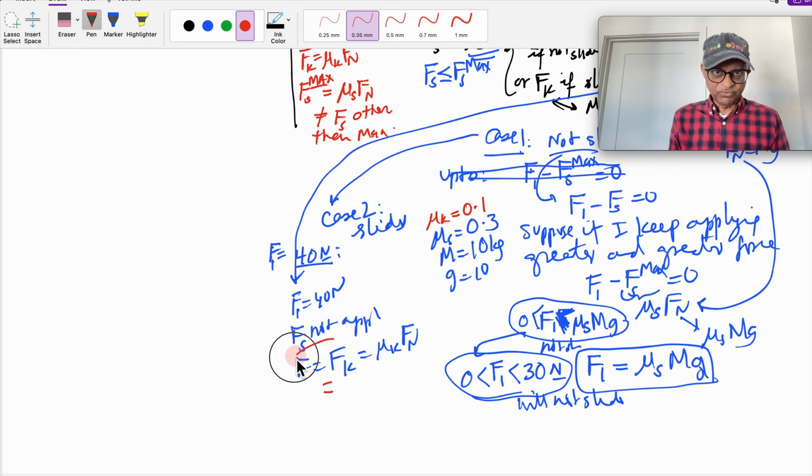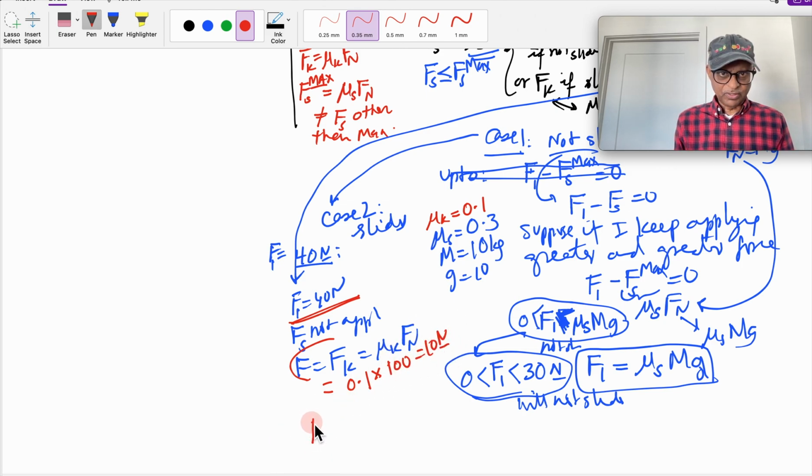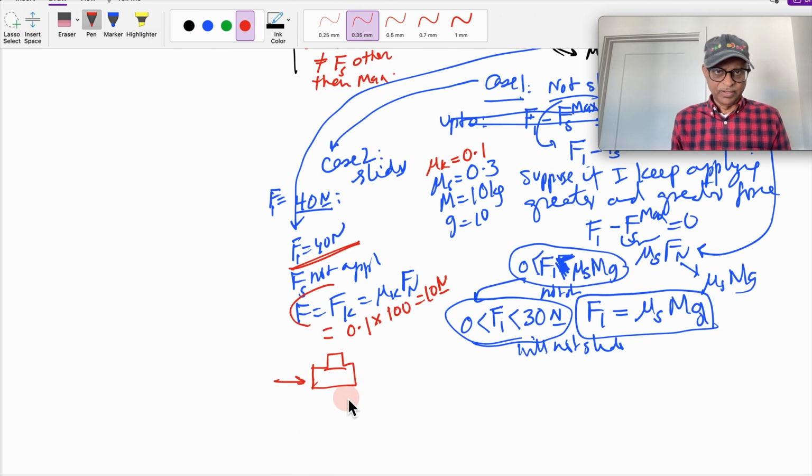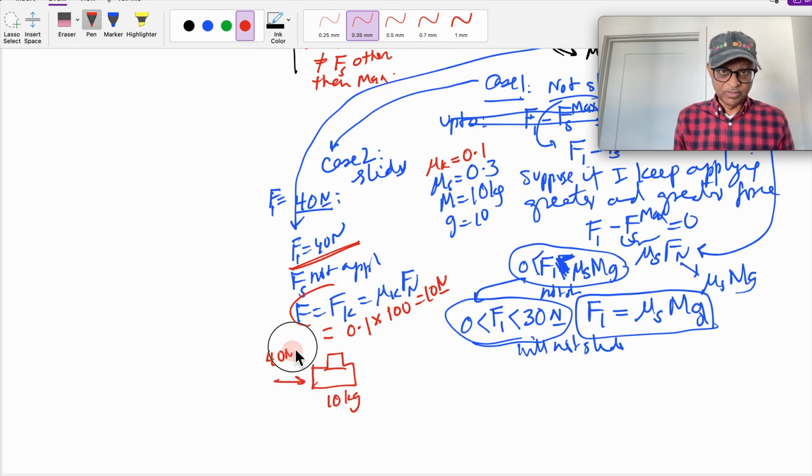So friction force, not F1. F1 is 40. Friction force is now going to be 0.1 times these two together is 100, so 10 Newton is friction. So the situation is you have this system of 10 kilogram and you're pushing with 40 Newton, but the kinetic friction Fk is only 10 Newton.